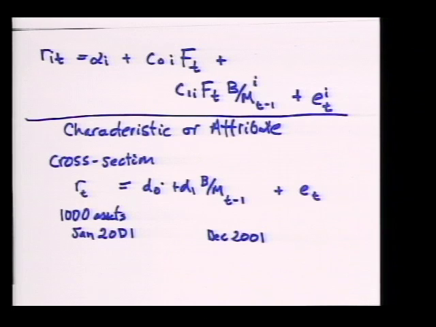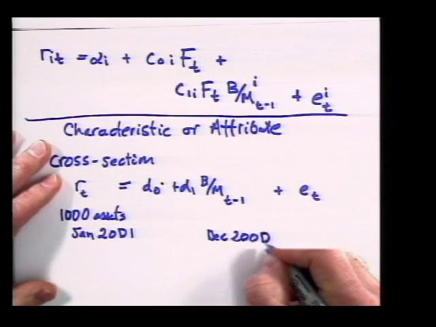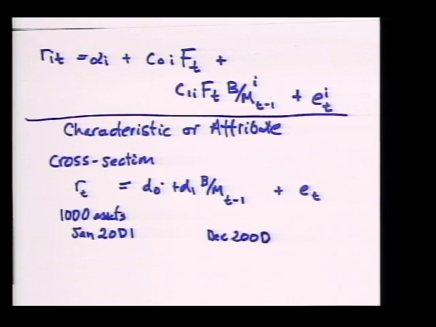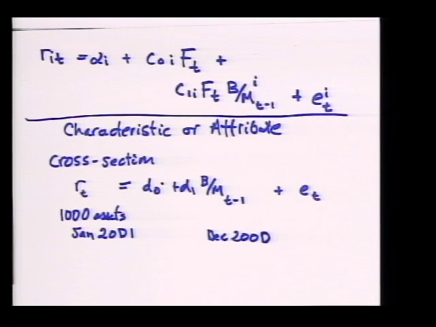I regress on 1,000 different firms' book to market in December 2000. Okay. If this is a significant variable, then I use it for an out-of-sample forecast for February 2001. Everybody get it?